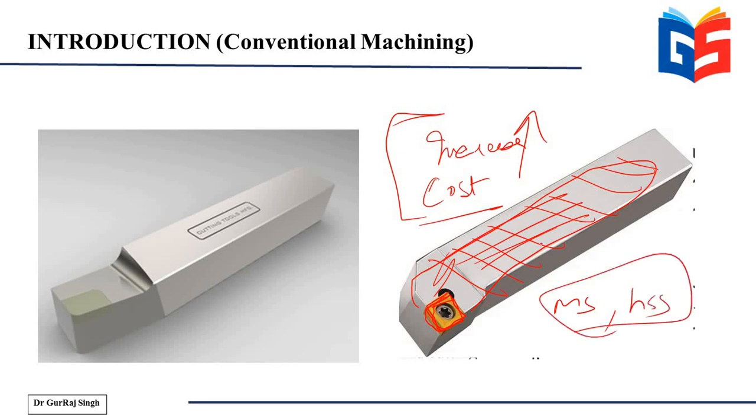And this can hold this harder material. You can just grip it here using an Allen key setup, and this can perform the machining operation for harder materials. So that's how the modern turning process has evolved.